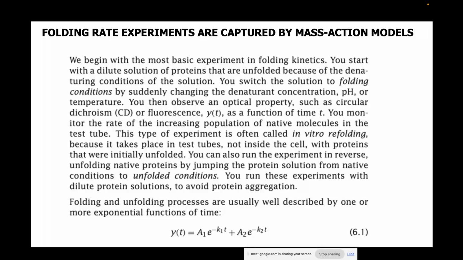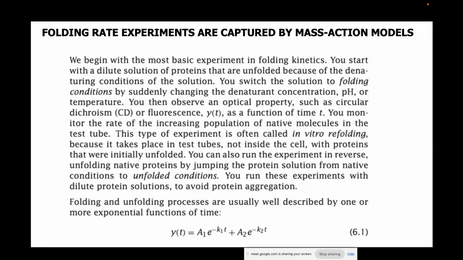So you first preserve the proteins in an unfolded state with some denaturing agents, and then you switch the solution to folding conditions by suddenly changing the denaturant concentration, pH, or temperature.